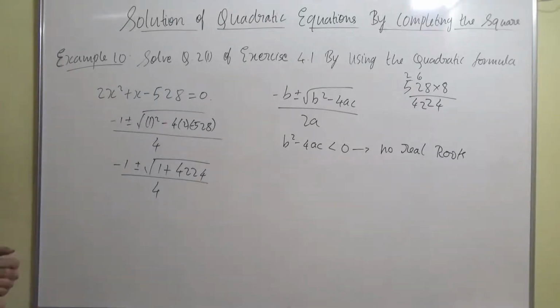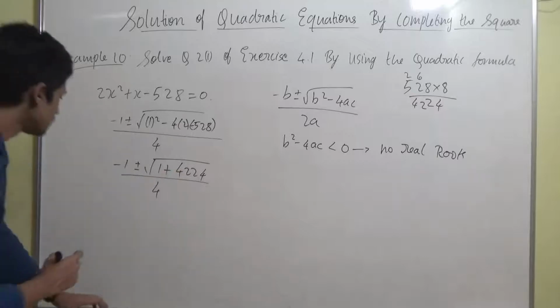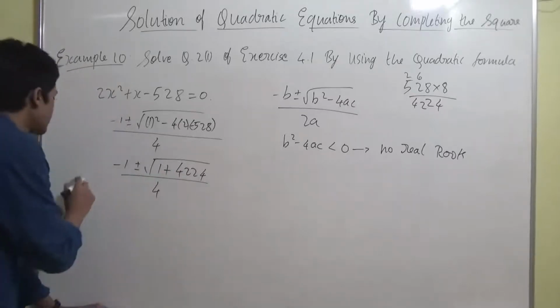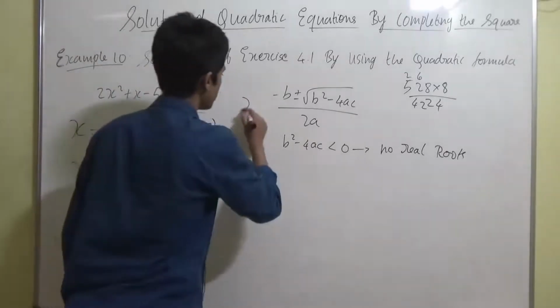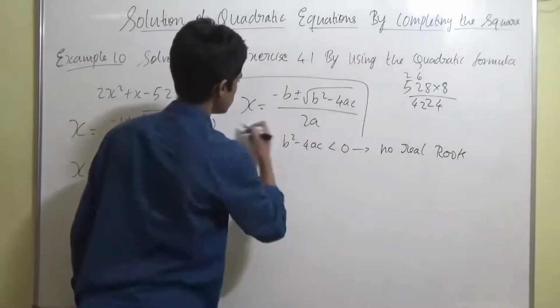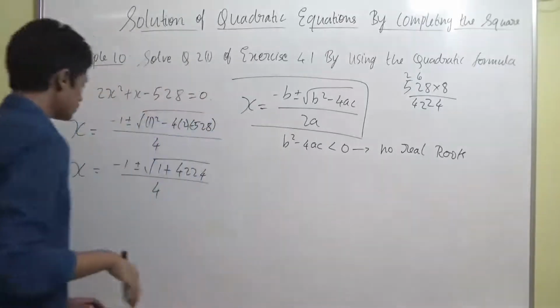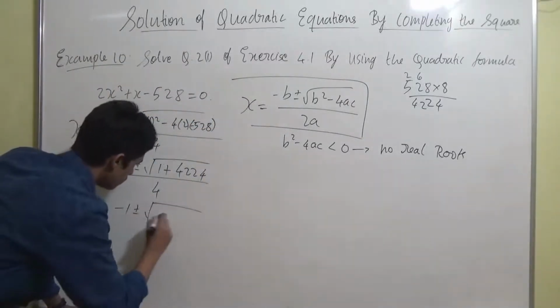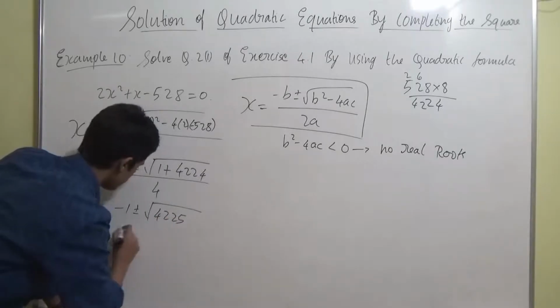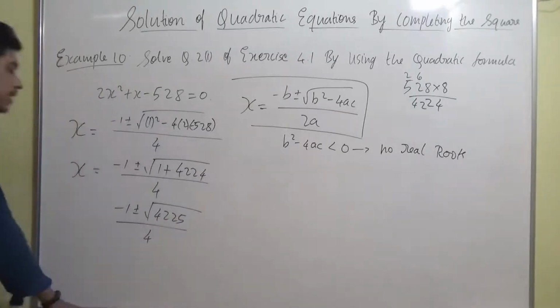Now, we are finding x, right? X is the solution, so here also we'll write x equal to, this is the quadratic formula, so x equals minus 1 plus or minus root of 4225 by 4, correct, guys?